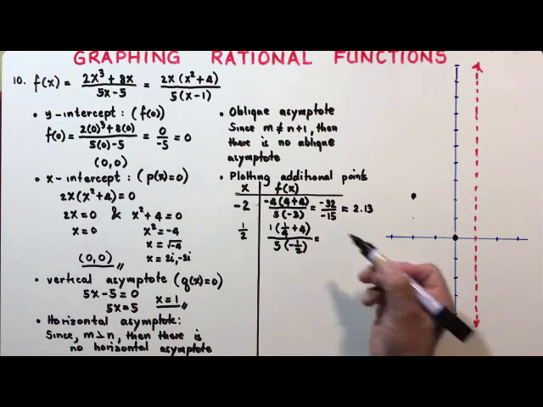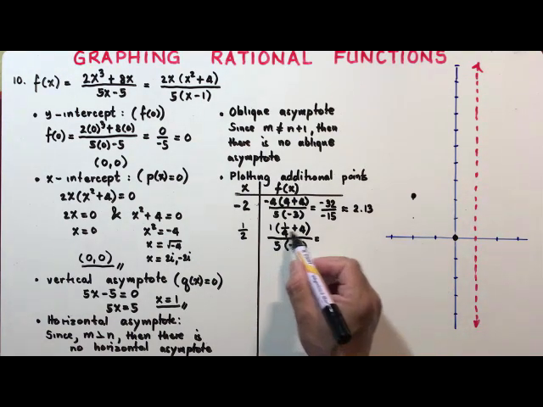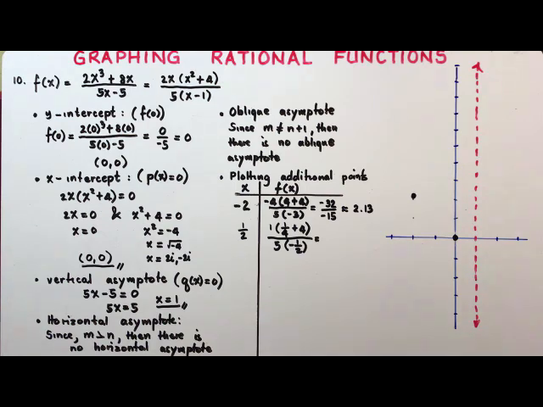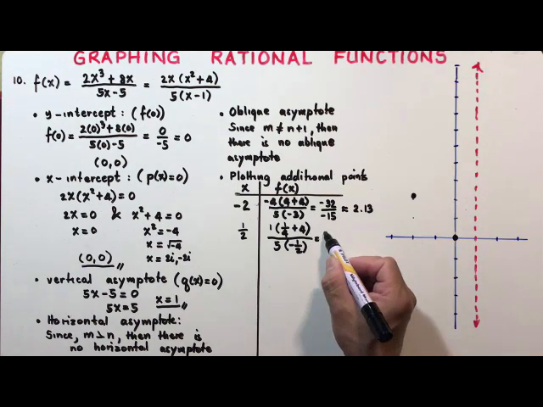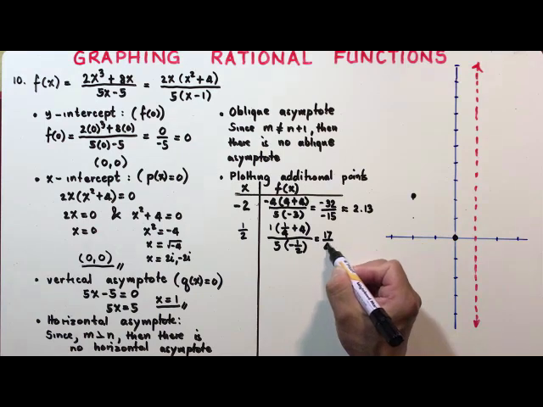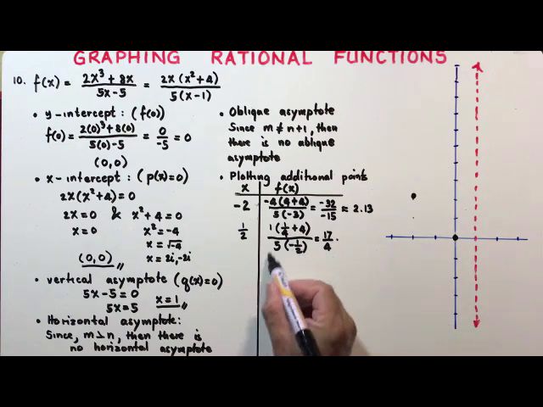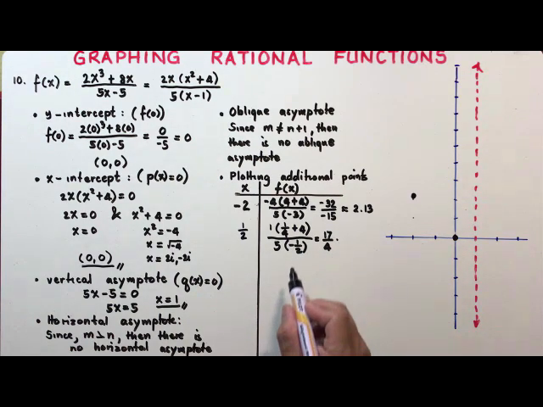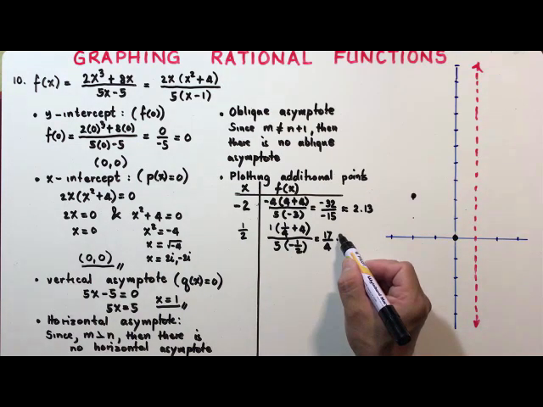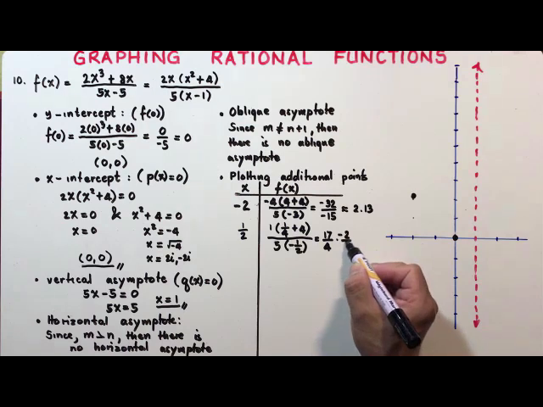So this is equal to 1/4 plus 4, that is actually 17/4. And this will be multiplied by the reciprocal of the denominator, which is negative 5/2. And the reciprocal of that is negative 2/5.